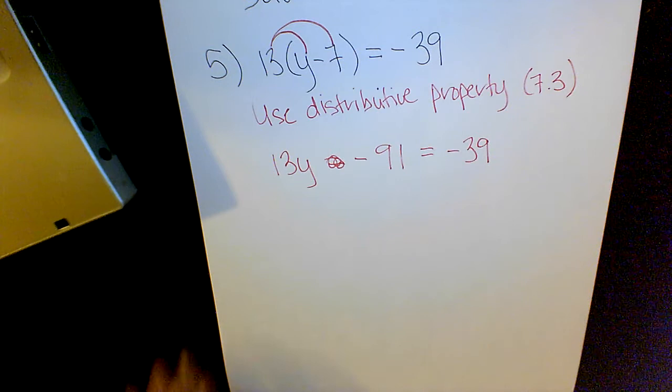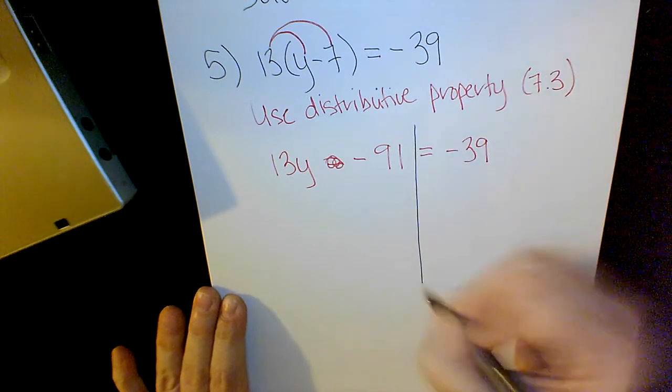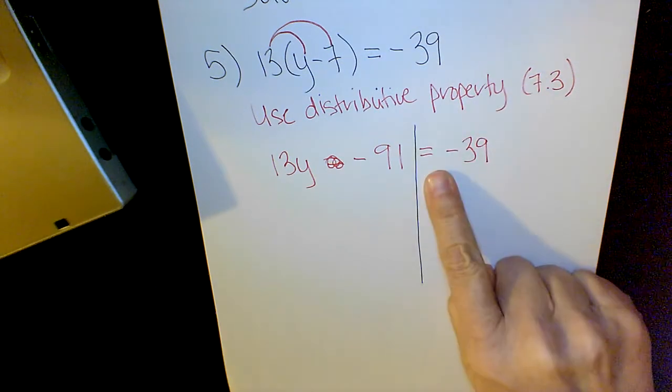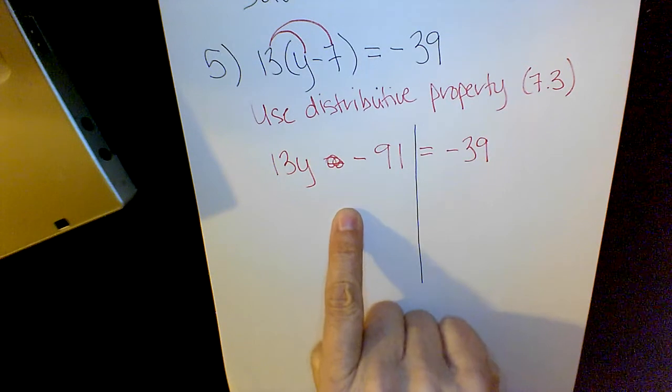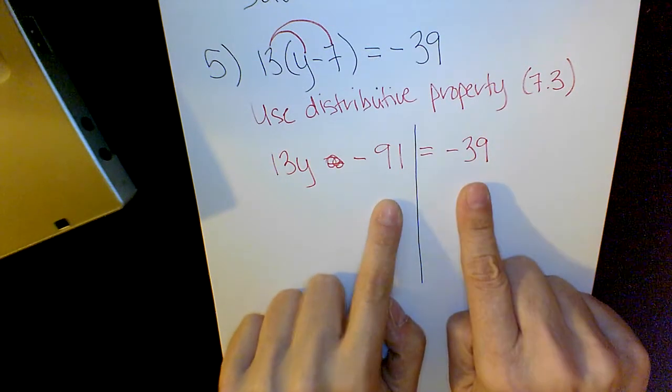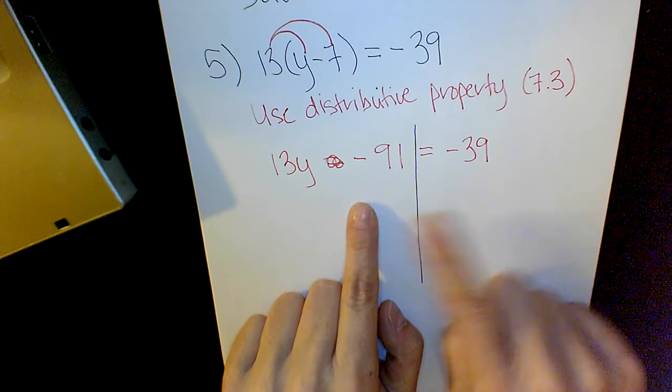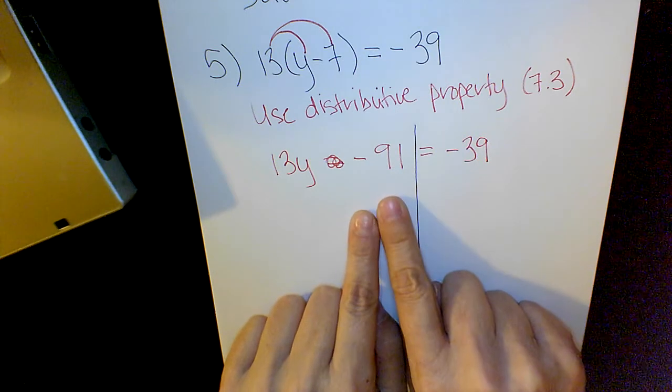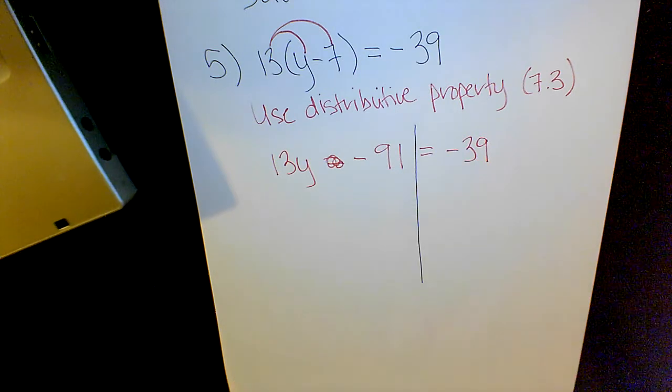So I'm going to put in my line down by the equal sign. This side has more, and I've got negative numbers on both sides. So I'm going to start over here on the side that has more, and I am subtracting 91.